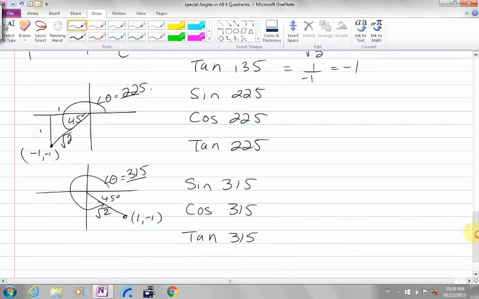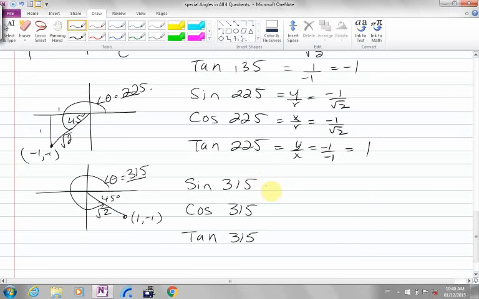All right, so sine, y over r, is -1 over root 2. Cosine, x over r, is the same. And tangent, y over x, is -1 over -1. So it becomes +1 again.